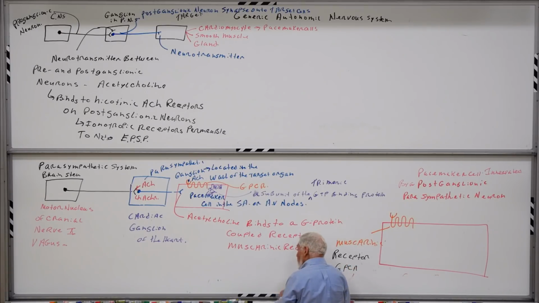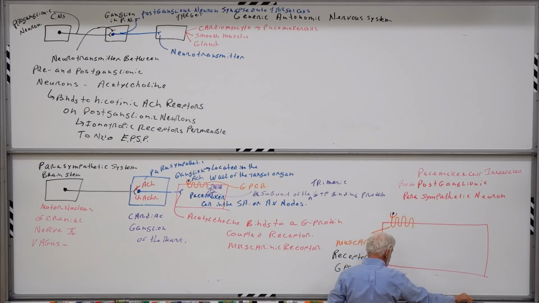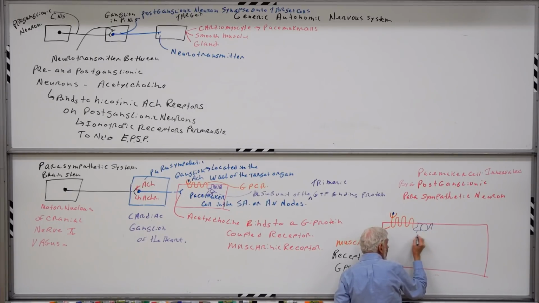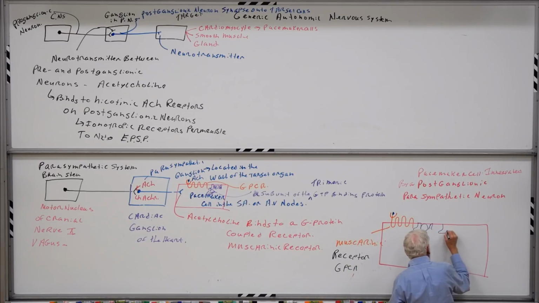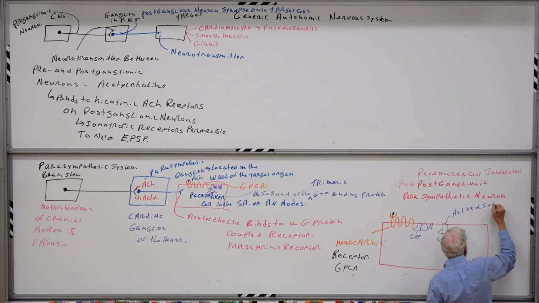If it binds acetylcholine, that now allows the alpha subunit here of the GTP binding protein to convert its GDP and exchange it for a GTP. Now, this alpha subunit with GTP bound is now an active alpha subunit.